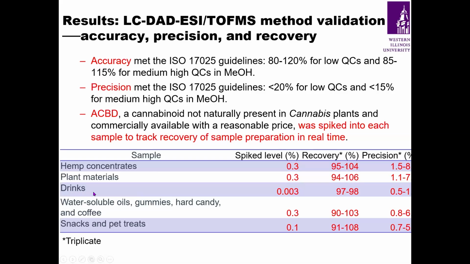However, drinks have a lower concentration of cannabinoids, so we spike the ACBD at a lower level. For snacks and pet treats, the sample preparation procedure required a large amount of the ACBD. So again, we spiked at a lower level to save some money. Recovery and precision are listed over here. They are in triplicate.